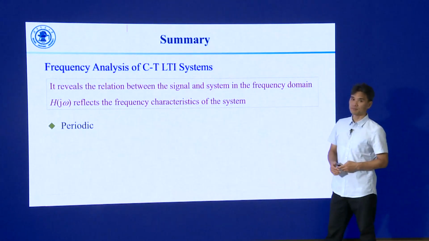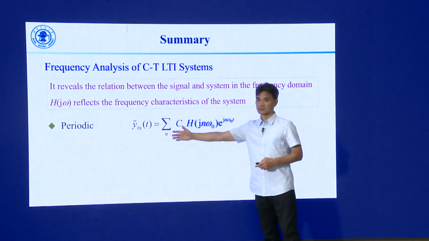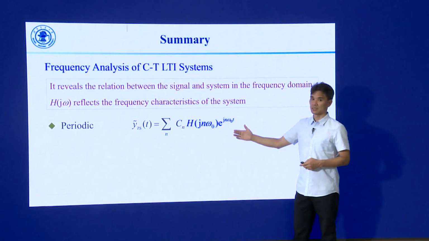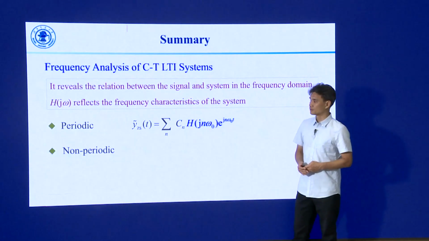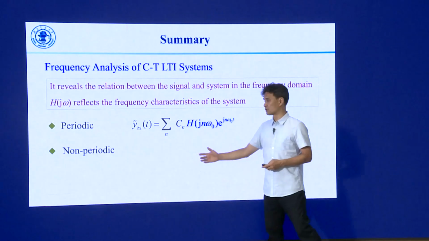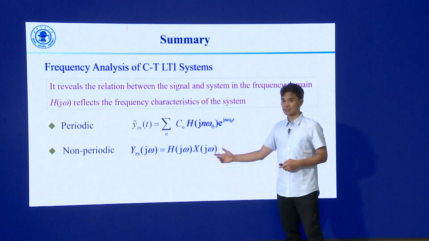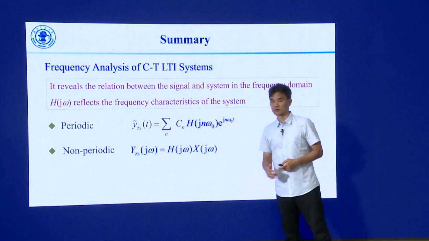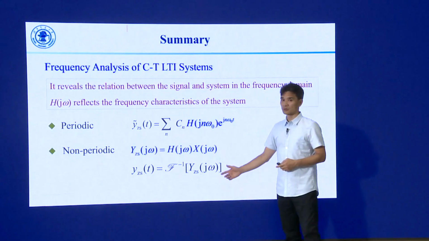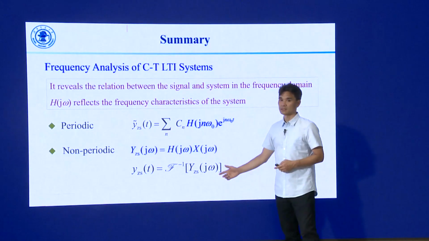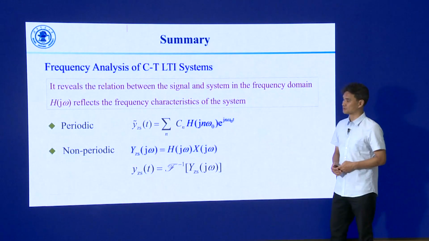For a given periodic signal, the system's zero-state response can be represented as another Fourier series. For non-periodic signals, we can use the multiplication of the system's input spectrum and the frequency response. The zero-state response in the time domain can be calculated using the inverse Fourier transform.